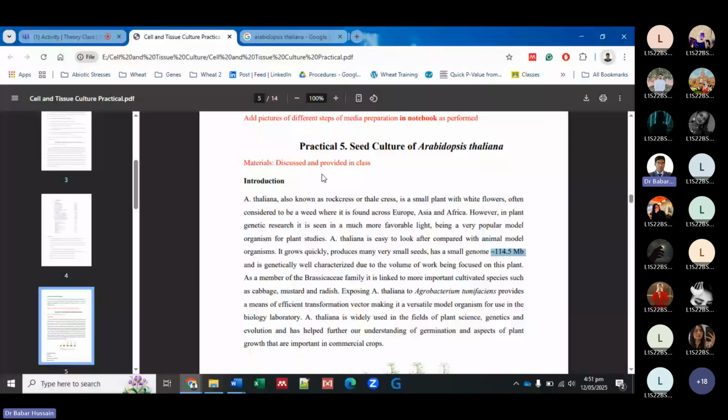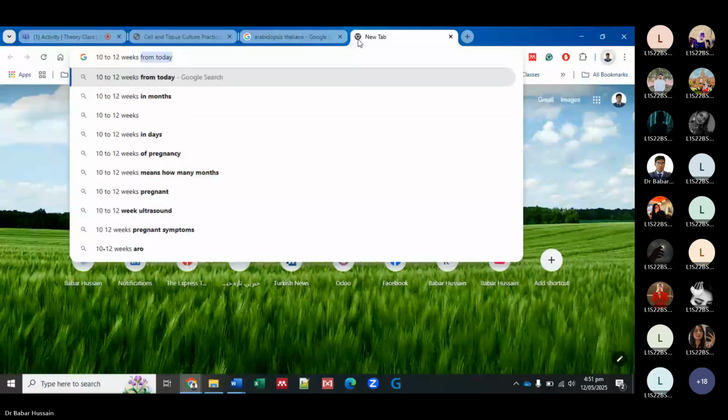And number 4, finally, this plant grows very quickly. How fast? You can say this plant grows in 10 to 12 weeks, sometimes 8 to 10 weeks.